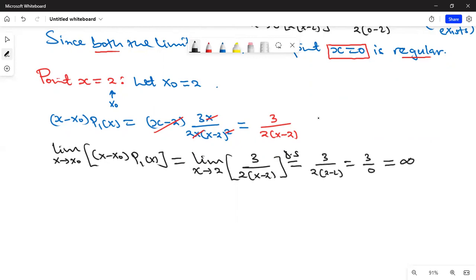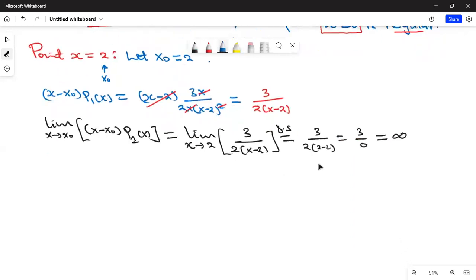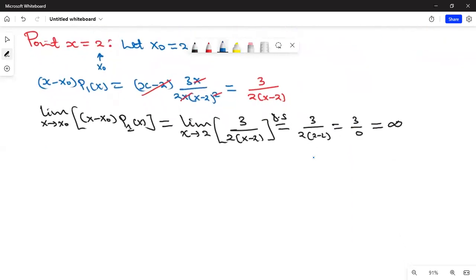So the result is infinity, and infinity is not a real number. So what does it mean? That the limit does not exist.